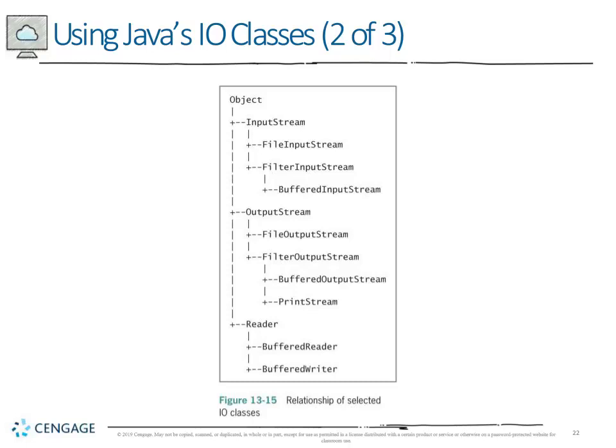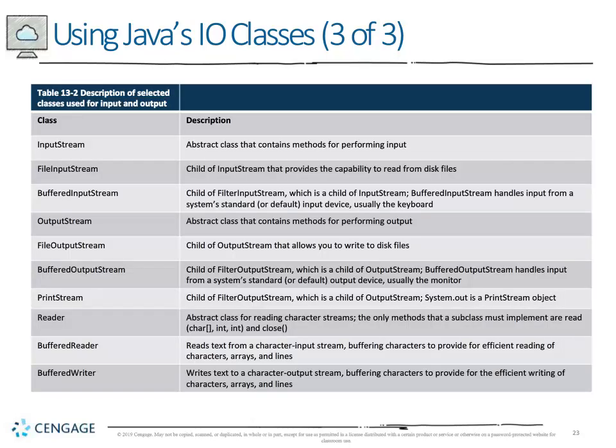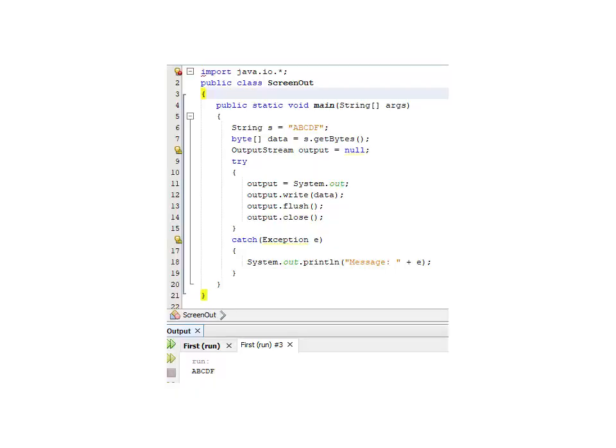The figure also shows the major I/O child classes that we will learn in this chapter. This table summarizes the capabilities of those classes. For example, as the name implies, the OutputStream class can be used to produce output. The OutputStream methods include close, flush, and write.